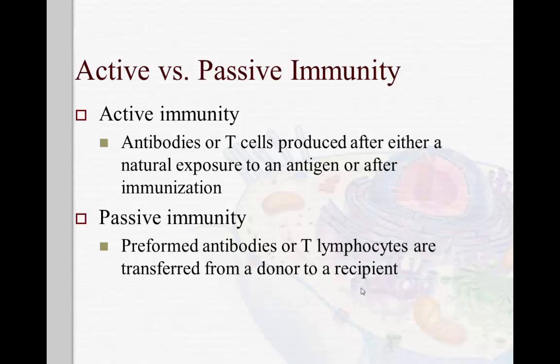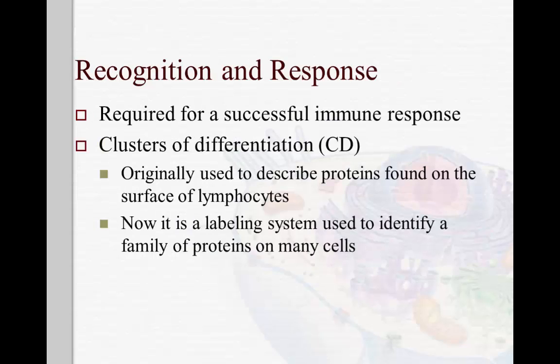So if a patient has myasthenia gravis or Guillain-Barré and you give an infusion of immunoglobulins, this is passive immunity. And passive immunity is temporary, whereas active immunity is long-lived. So again, as I told you, the antigens cannot attack on their own. They must be presented to the immune system before they develop an immune response.